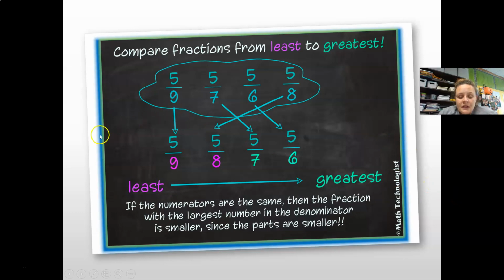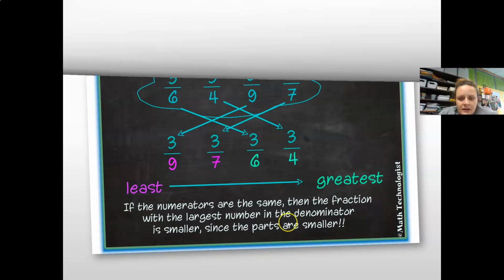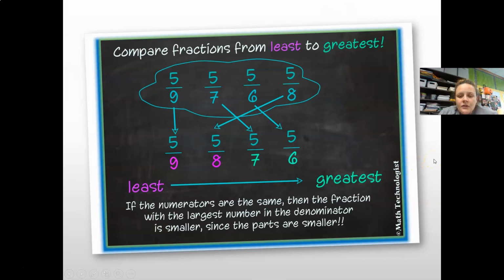Okay. So if we take a look here, let's try that again. If we're looking at these from least to greatest, again, they all have the same numerators. So if we put them in order, we're looking at those bottom numbers.